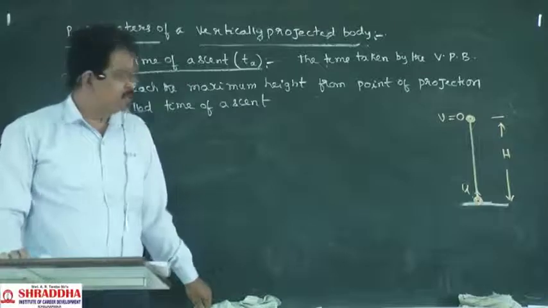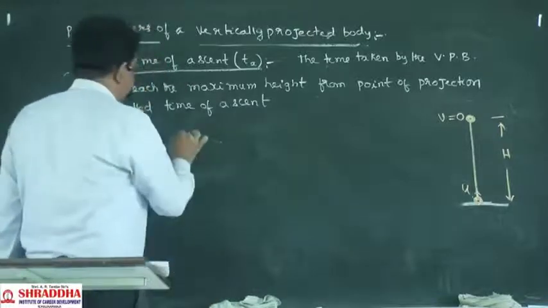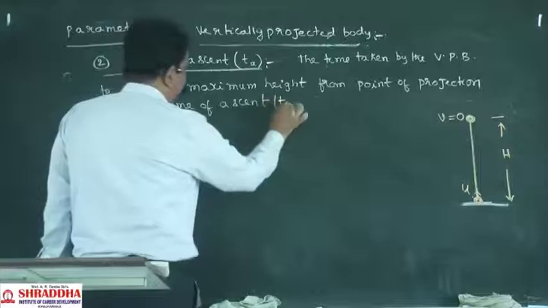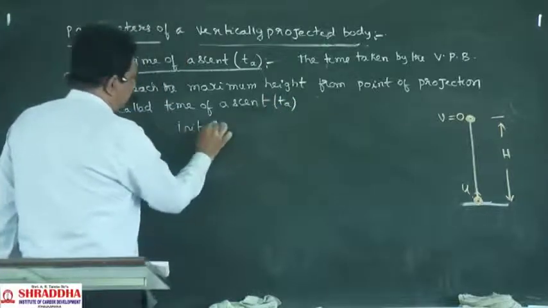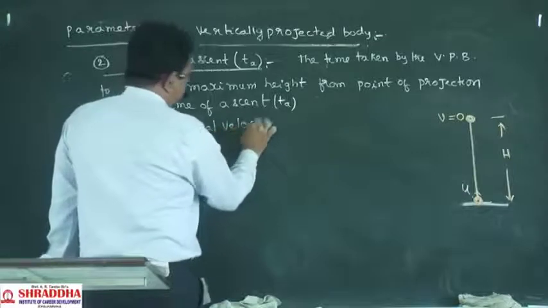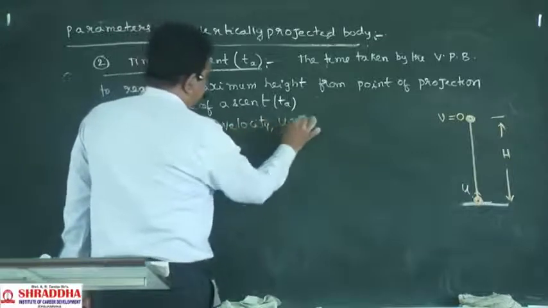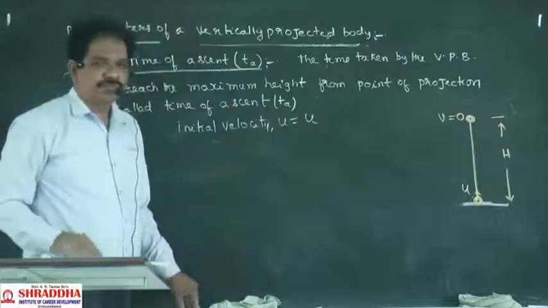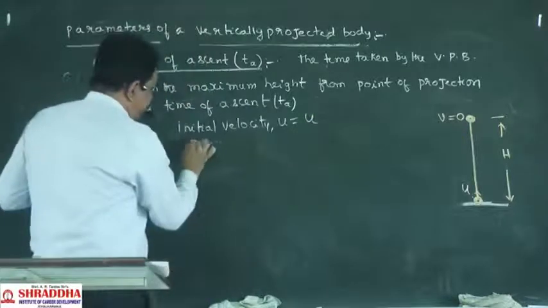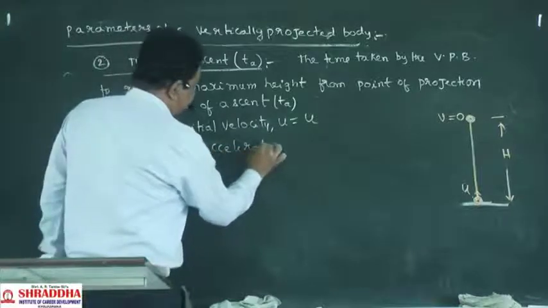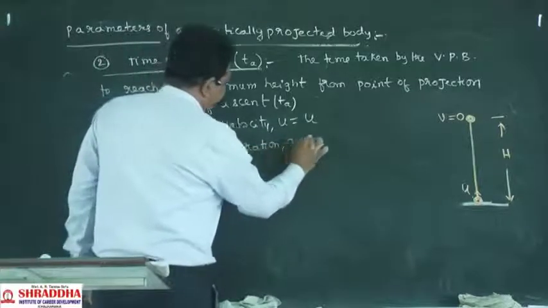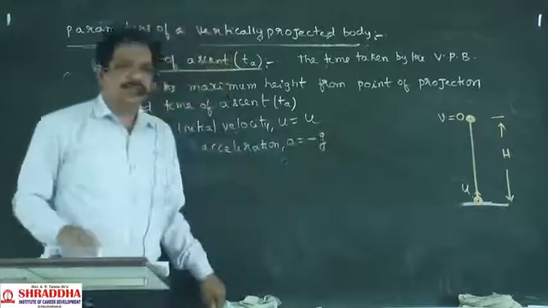Clear the point? So here, it is indicated by the letter T. What is the initial velocity? Initial velocity is u. What is the acceleration? a is equal to minus g.